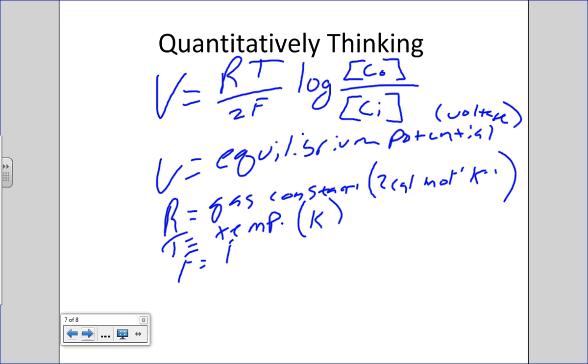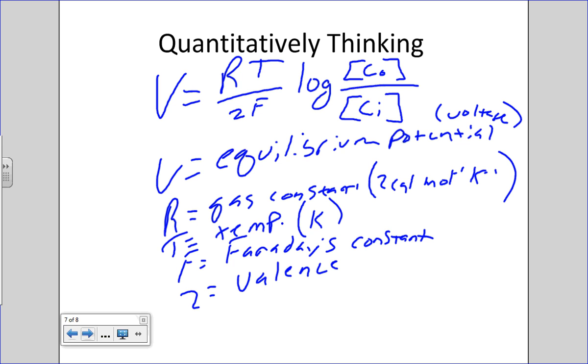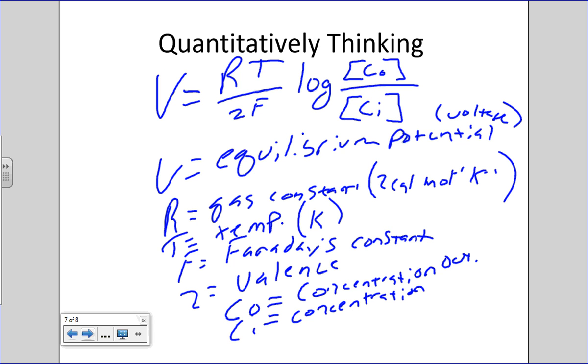F is Faraday's constant. Z is going to be the valence of the ion that we're talking about, so essentially the charge of the ion. And then we're going to take the inverse log of these to bring us back to base e. And then Co represents concentration outside, and Ci would be concentration inside.